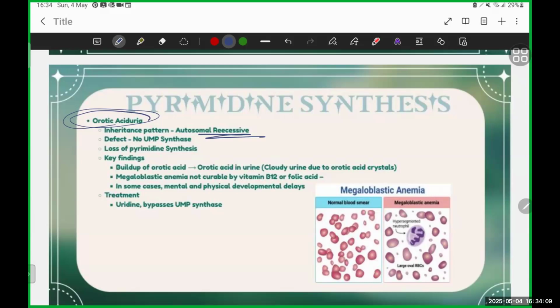I should have hidden the other parts. Increased orotic acid. Yeah, inheritance pattern. So why do you think we would have increased orotic acid?